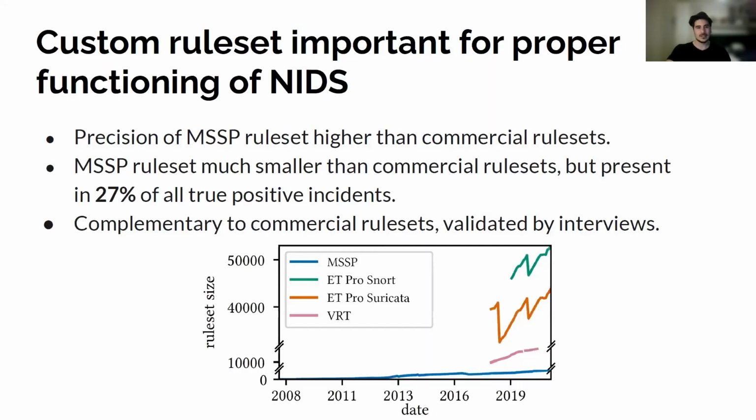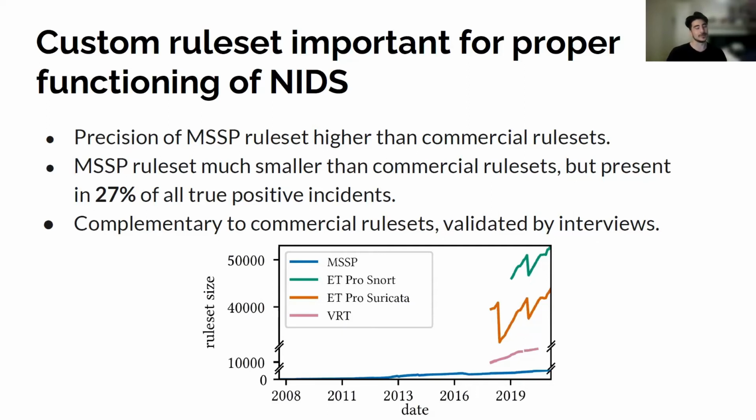So now I'd like to very briefly show you a couple of interesting results that we found from our analysis. First of which is that we found that the custom rule set that the MSSP creates in-house is very important for the proper functioning of a network intrusion detection system.